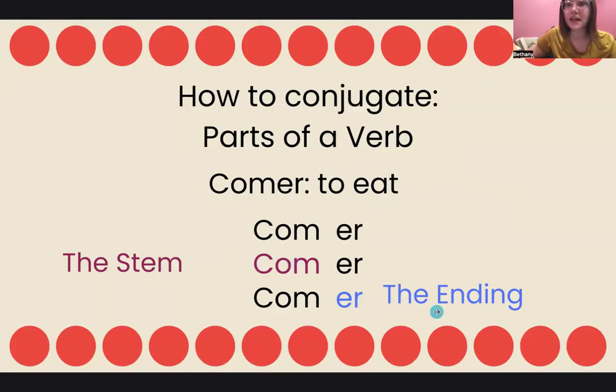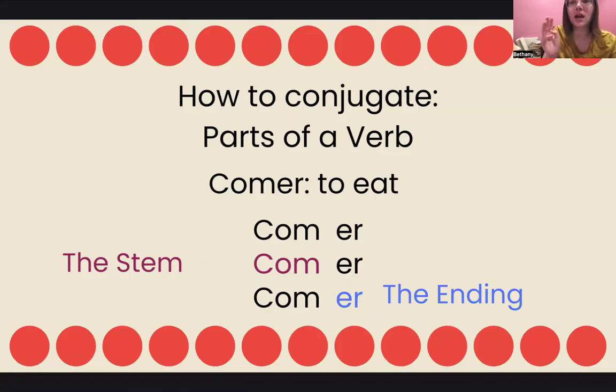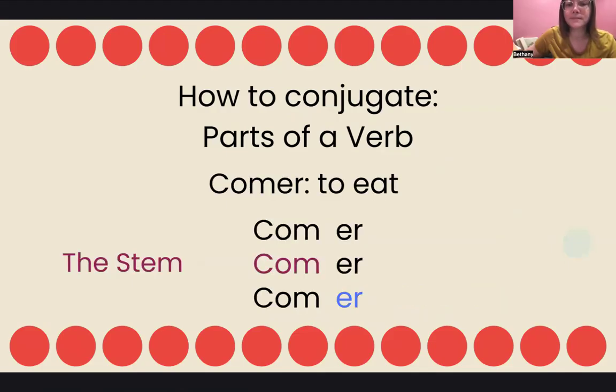And then we have the ending, which is er. So this is an er verb, when I told you there were ar, er, and ir verbs. Okay, so first we have the infinitive, just the verb comer. We separate the stem from the ending. Oop, I separated it. There we go.